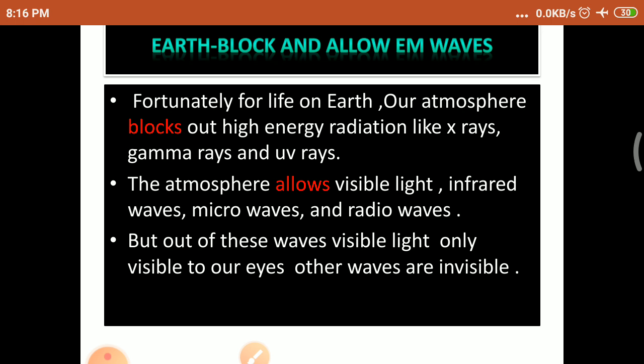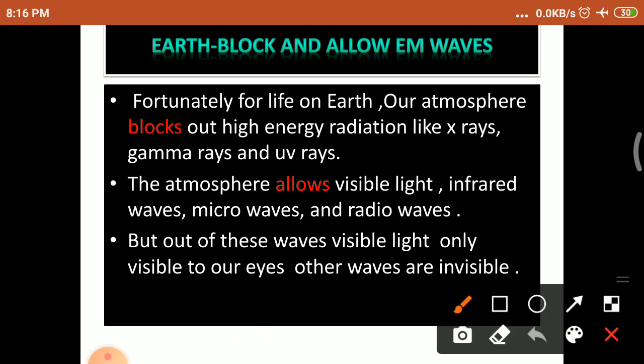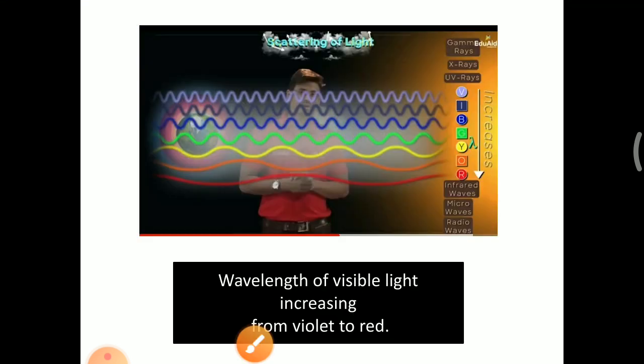But out of these waves, only visible light is visible to our eyes, other waves are invisible. We know that we can see only the visible light. We cannot see infrared wave, microwave, and radio wave, but they are allowed into our Earth atmosphere. So the wavelength of the visible light increases from violet to red.